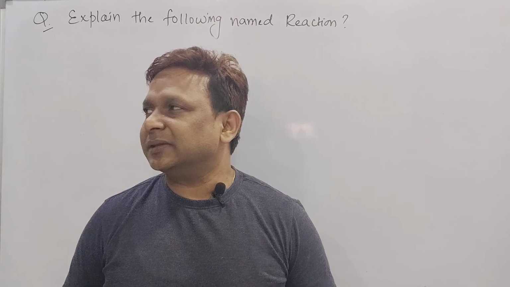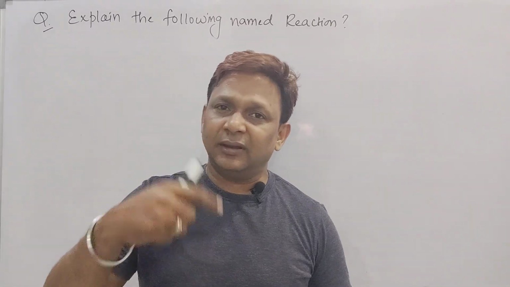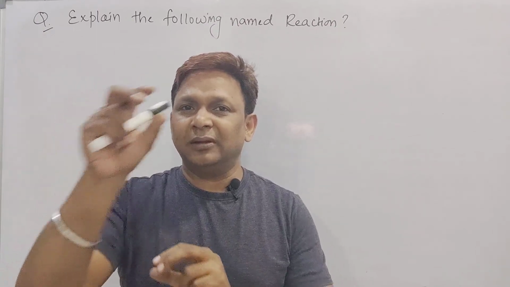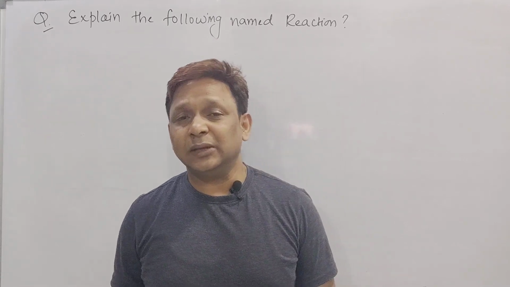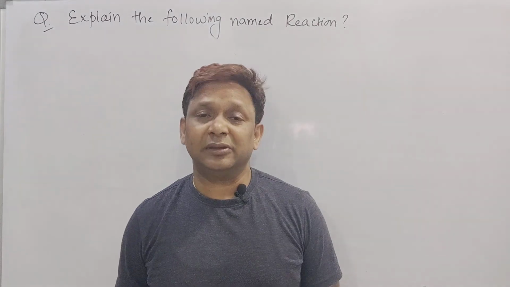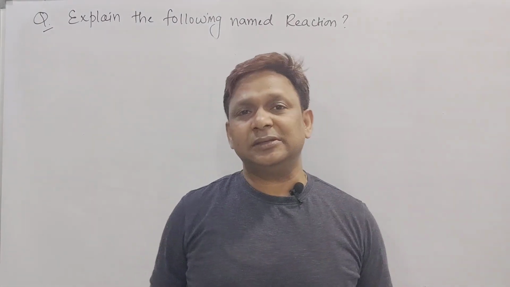Second one we did here as Sandmeyer and Gattermann, but we did both in a different way. Benzene diazonium chloride gives chlorobenzene. For Sandmeyer we are using Cu2Cl2 in presence of HCl, right beta? But in Gattermann we are using copper powder with HCl, right?